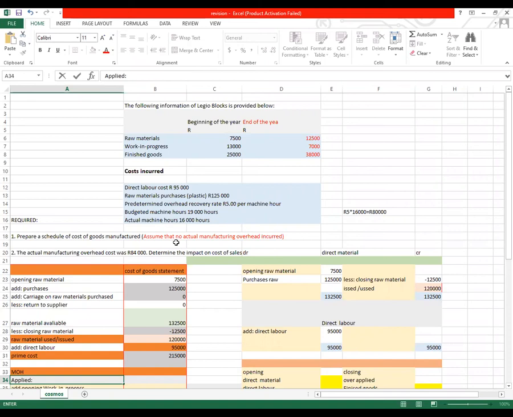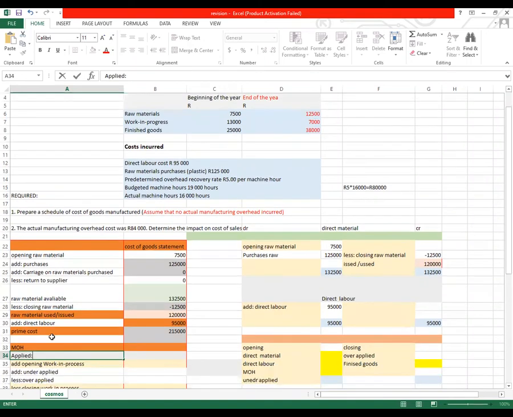We're going to take predetermined overhead recovery multiplied by actual machine hours, which is our applied, which is 80,000. Yes, sir. It's 80,000, guys. Correct.